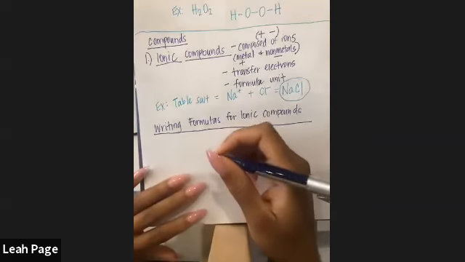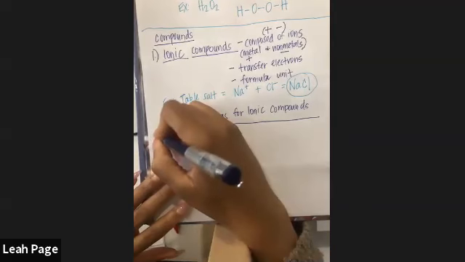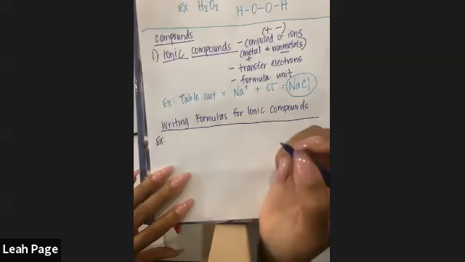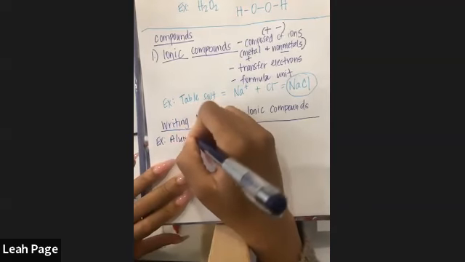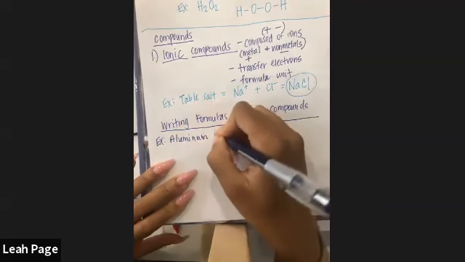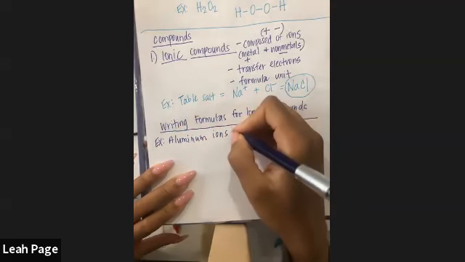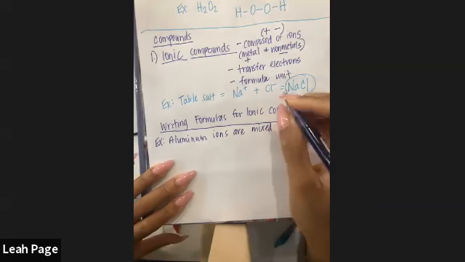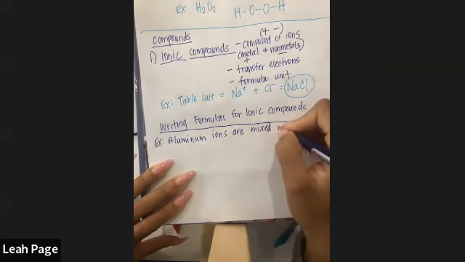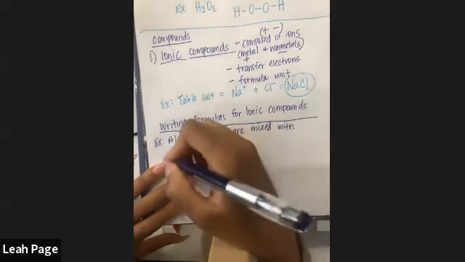So let's say I have an example that says write the formula when aluminum ions are mixed with oxygen ions.